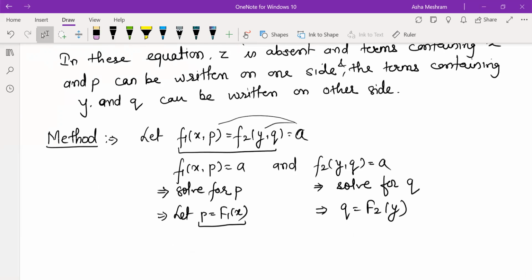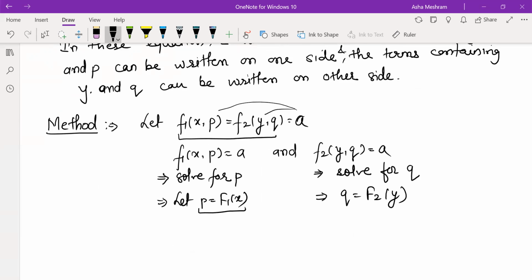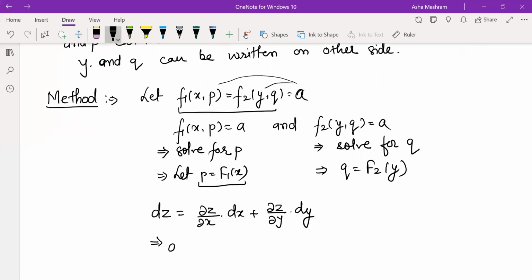And now since dz is equal to dou z by dou x into dx plus dou z by dou y into dy, this expression can be written as dz, this dou z by dou x means small p into dx.